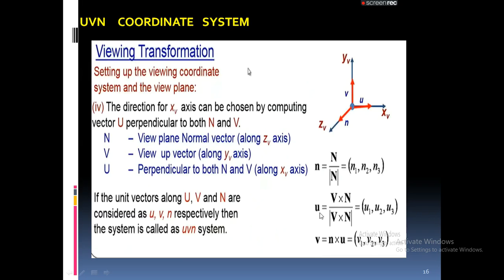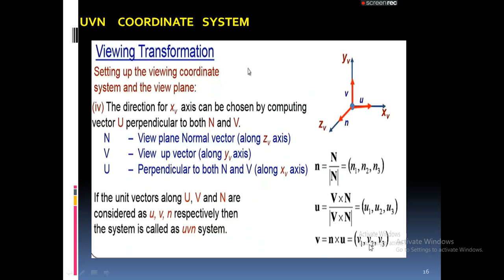To determine the x-axis value U, we need to take the cross product of Y and Z. Y means V, Z means N. So if you take the cross product of the unit vectors V and N, you will get the x-axis. So here U is a unit vector with respect to the x-axis. I will write U1, U2, U3. This V represents the unit vector for the y-axis.